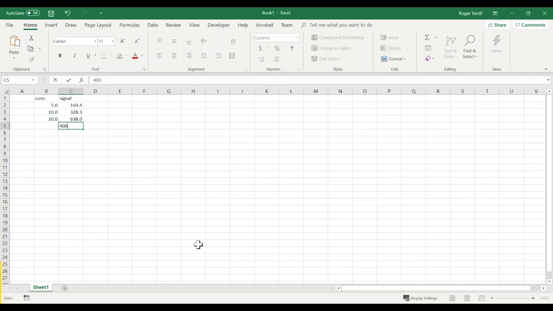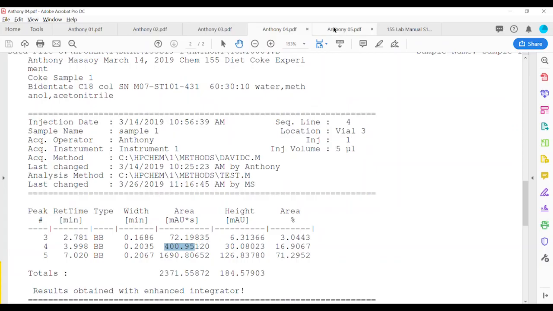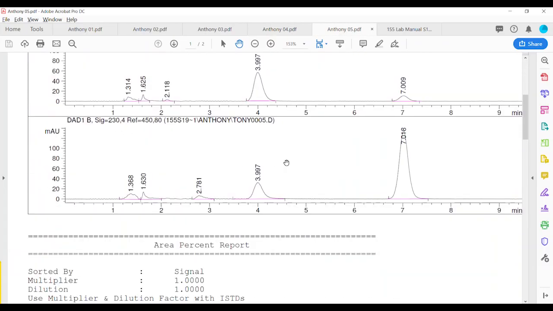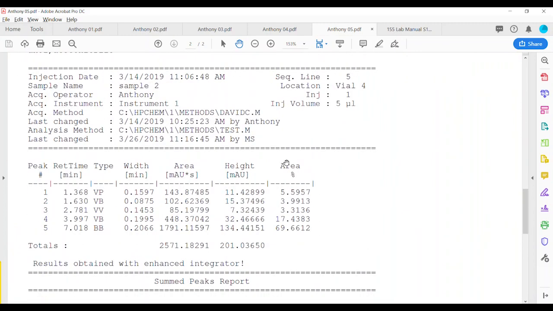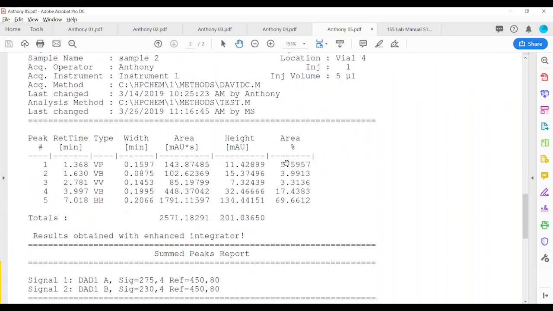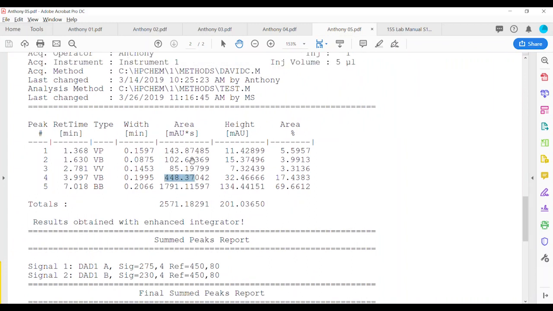So it's 400.95, and we're going to go to the last one here, which is 230 nanometers. I believe 448.37. Let me just double check.